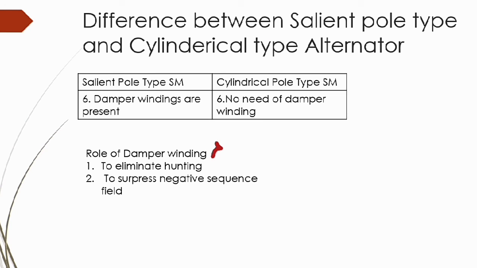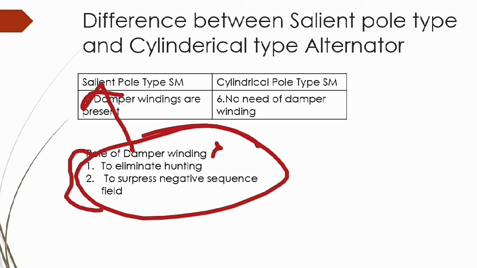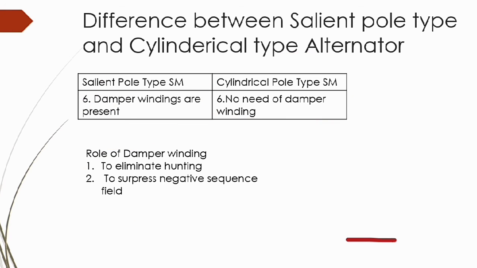First is to damp out the oscillation as soon as possible so it does not reach the hunting position, and the second is to suppress the negative sequence field. These two are mostly found in salient pole type synchronous machines, not in cylindrical pole type, so there is no need of damper winding in the cylindrical type.